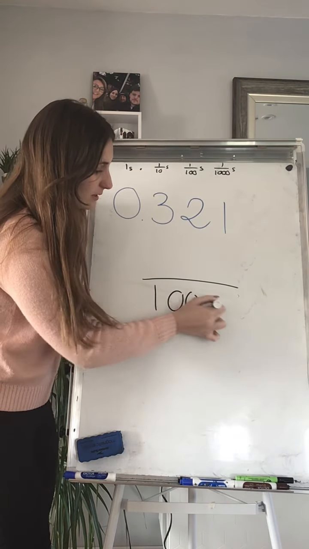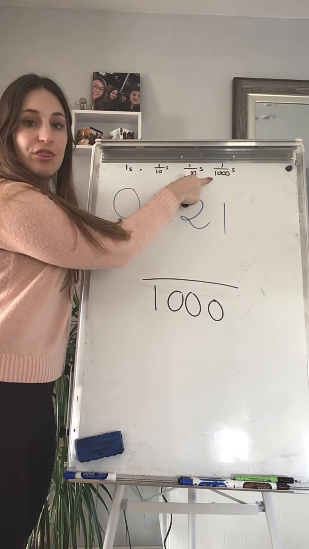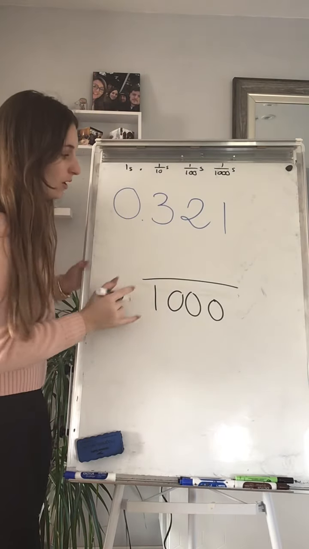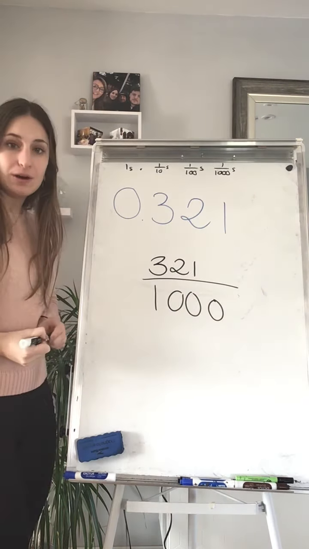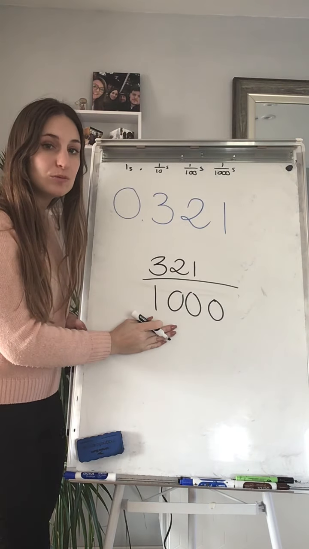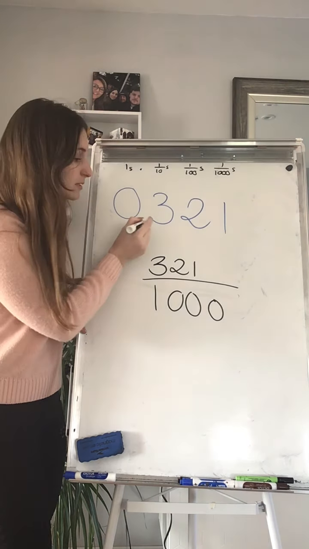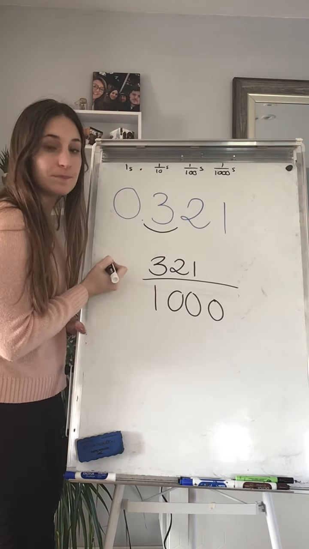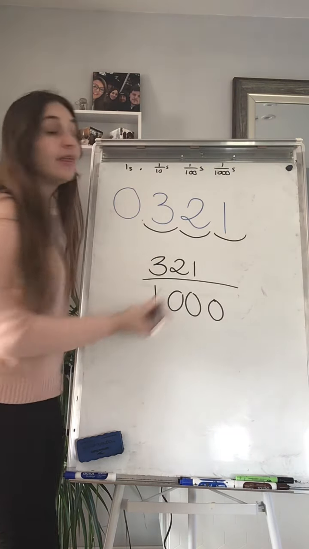And let's see why. Let's read this number, shall we? 0.321 thousandths. So I will get 321 thousandths. Now, what's happened is that it needs to be by 1,000 because my decimal point needs to move 3 times. It needs to move once, twice, and 3 times.